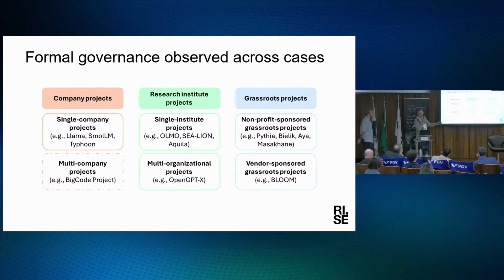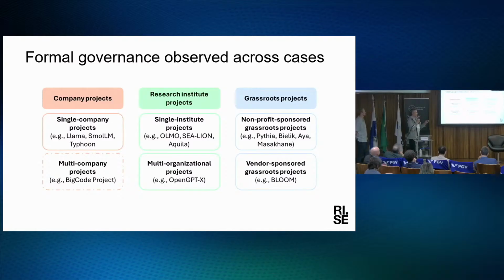For example, the BigCode project. Again, this is not something that we saw in our interview sample, but we just wanted to highlight there are other options as well. And then there was one category of research institute projects. A lot of these projects were really initiated and governed by research institutes, both private and public.